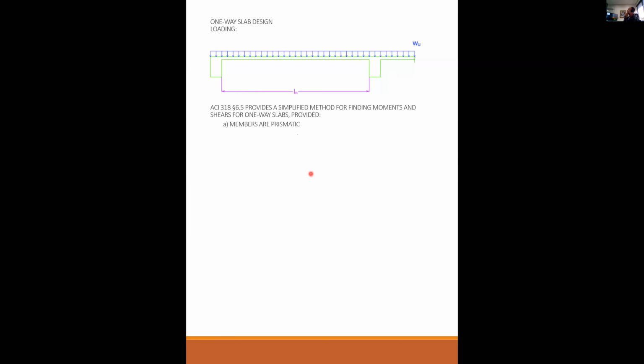So what are these guidelines? First of all, that the members are prismatic. All that means is the beams have the same section from end to end. And the one-way slab here, if it's 6 inches thick, it's uniformly 6 inches thick. It doesn't vary from end to end.